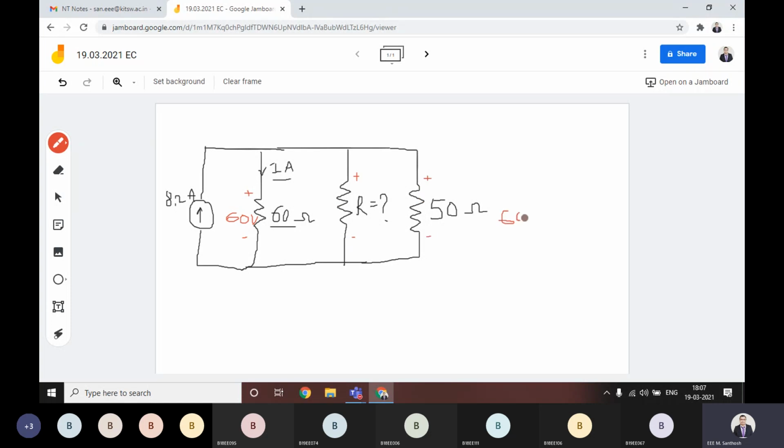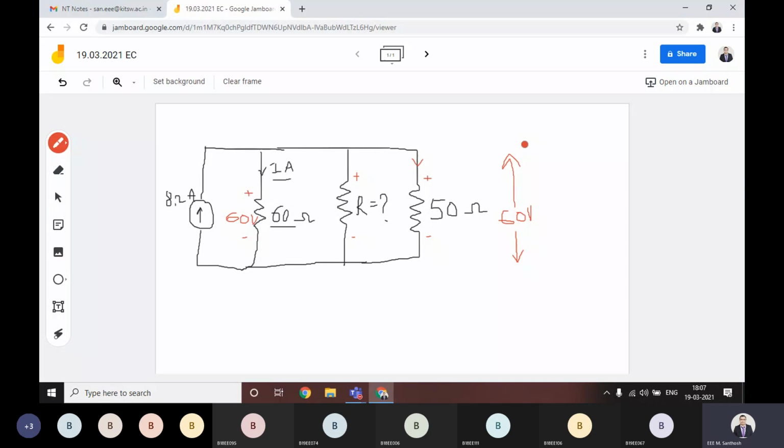Then if across 50 ohm the voltage is 60 volts, what is the current value here? That is voltage by resistance, 60 by 50.